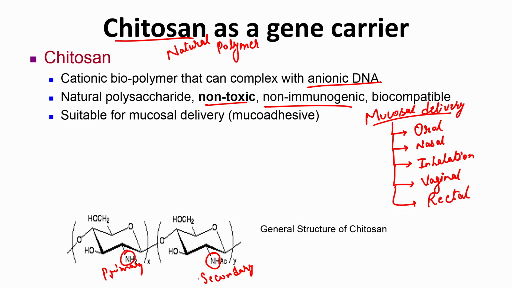So, if you deliver this chitosan particle, what will happen is they will tend to bind to the mucus very well. So, it is mucoadhesive, that means that it binds to the mucus, and that could increase its residence time at the location. So, instead of just getting uptaken by random cells, these particles will stay there, and depending on the application this could be good or this could not be good, but you get that control with chitosan.